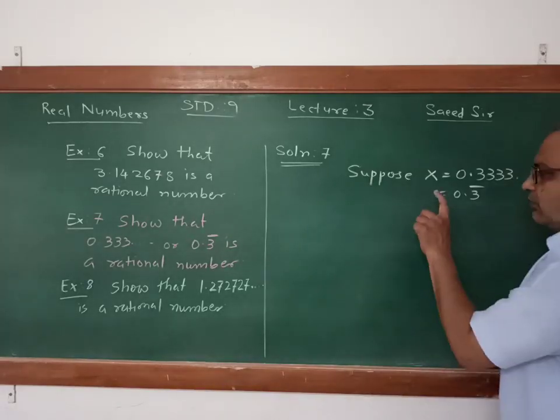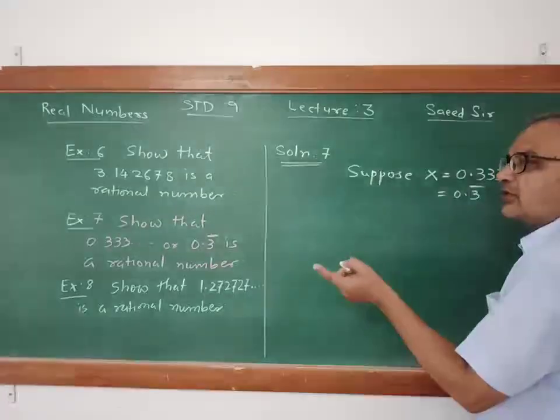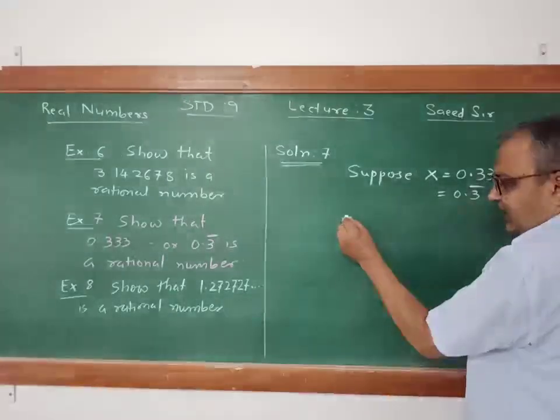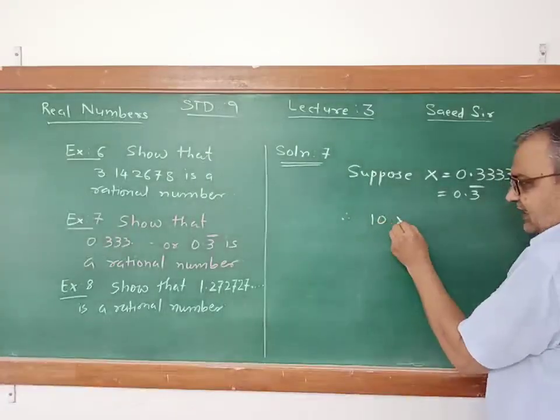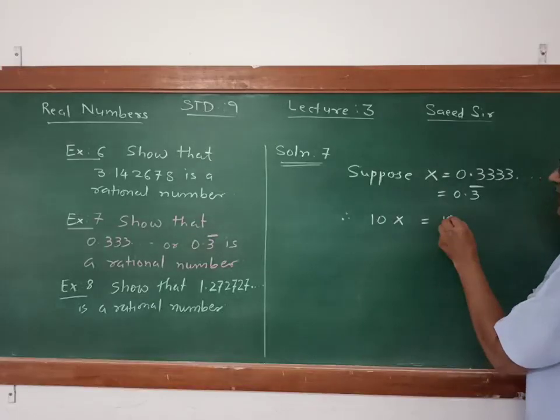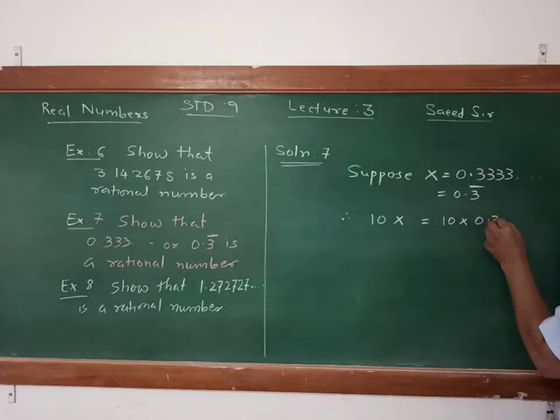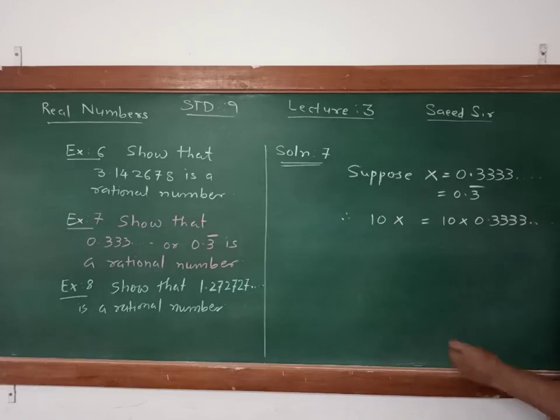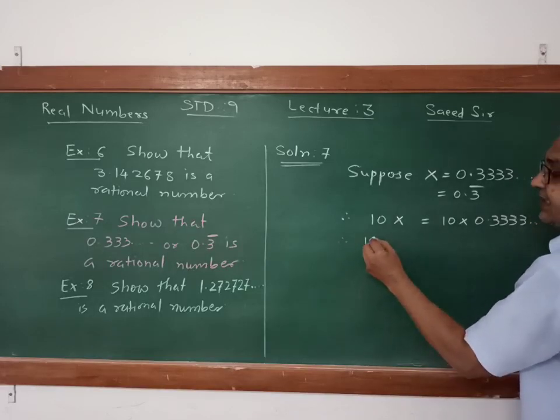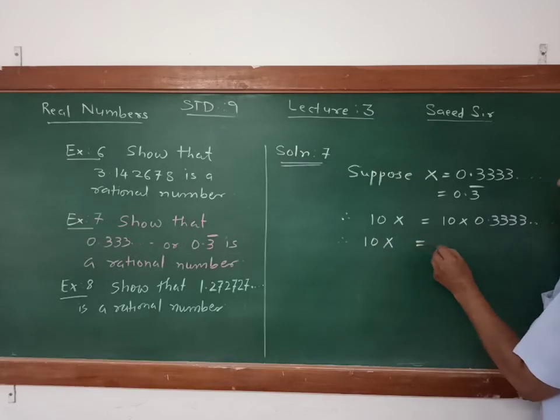We have to multiply by 10 on both sides. Now multiplying with 10 on both sides, we get 10x is equal to 10 multiplied by 0.3333... endlessly.